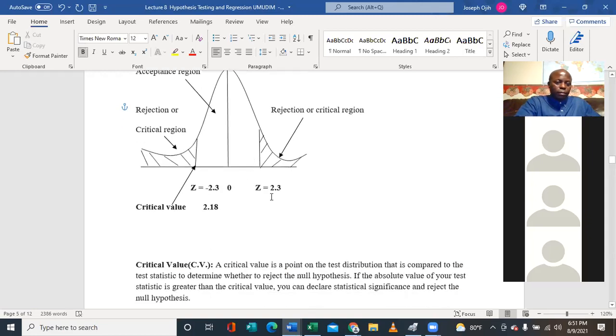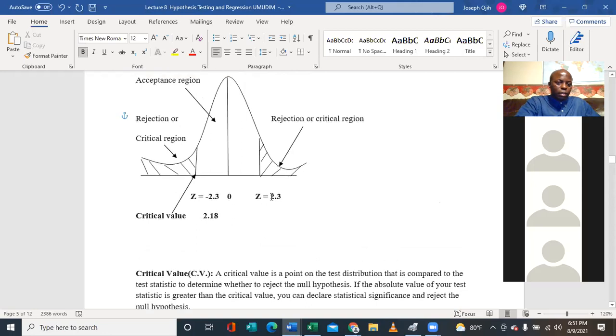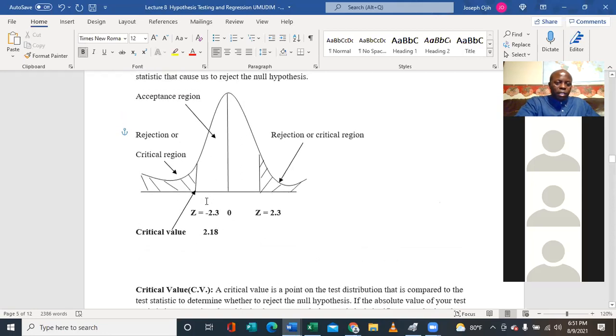You said 2.8, you accept? Yeah, because this one is 2.3, and 2.8 is less than 2.3, that means it falls inside this space here. When we're talking about that, we're talking about the absolute values. Even here is the absolute value of negative.